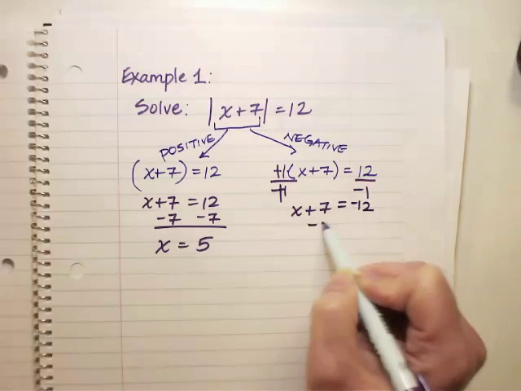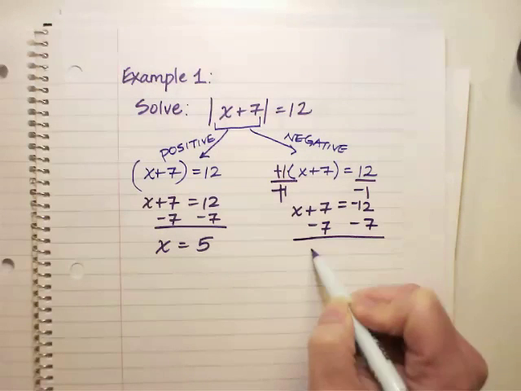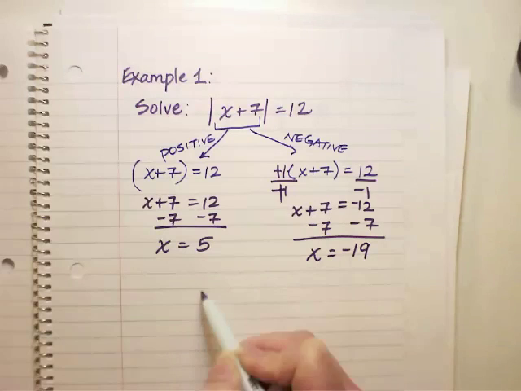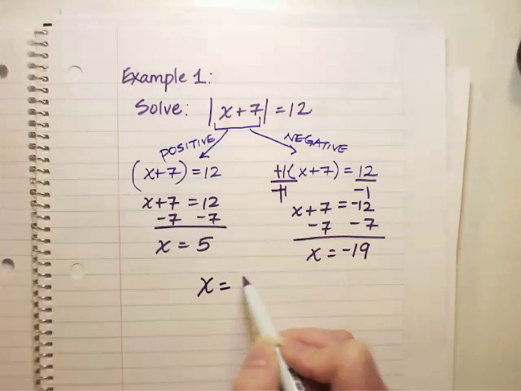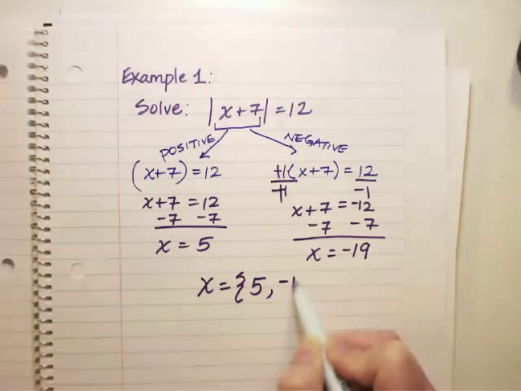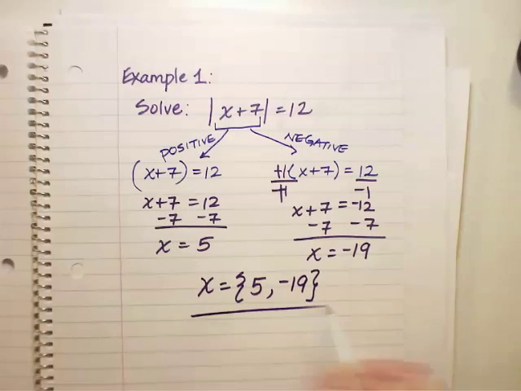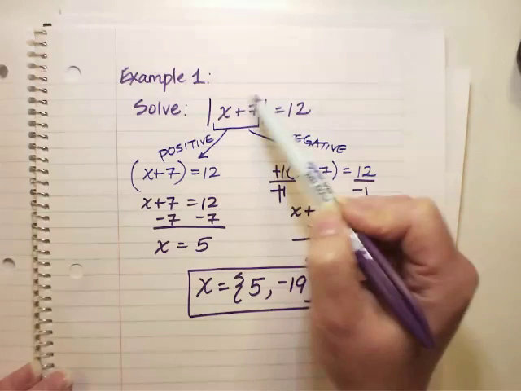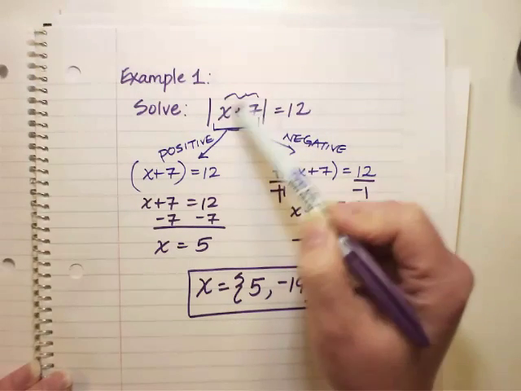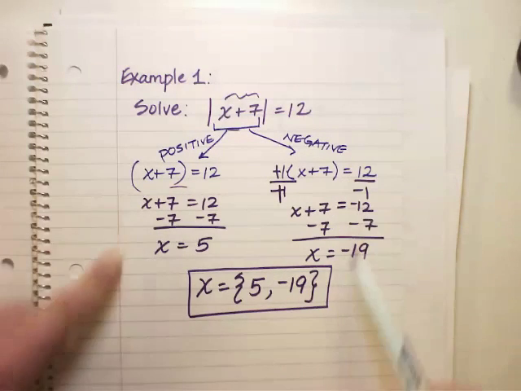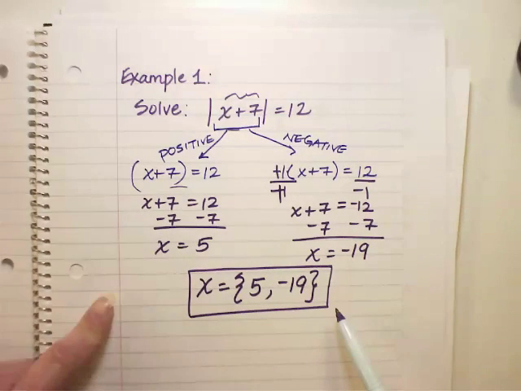And then I continue solving, minus 7 minus 7, and I get x is negative 19. So what are my answers for this one? Solution set would be x could be 5 or x could be negative 19. Okay? Notice I had to solve two cases though. I had to make the inside part here positive or negative and solve both cases, and I get two answers for this. Okay?